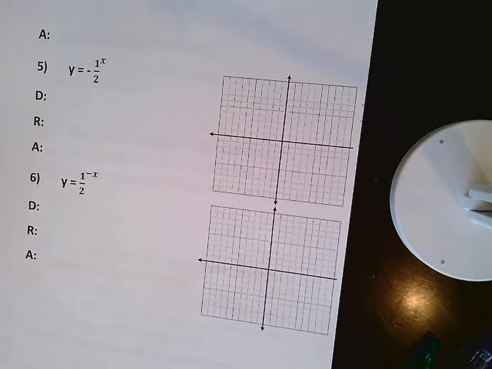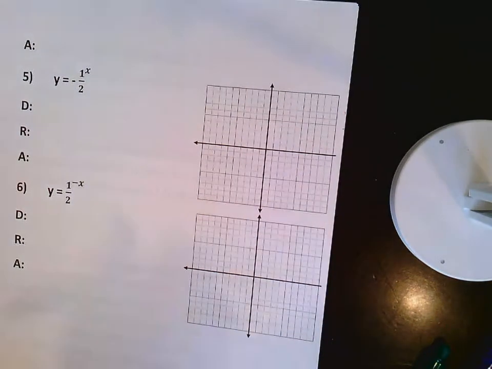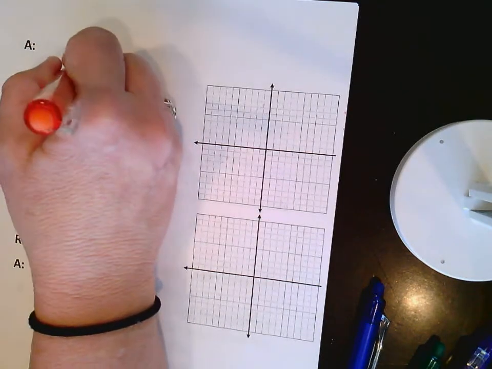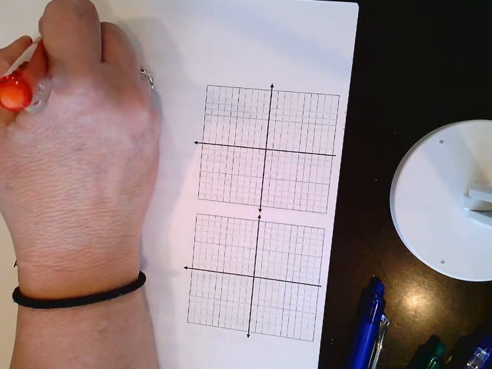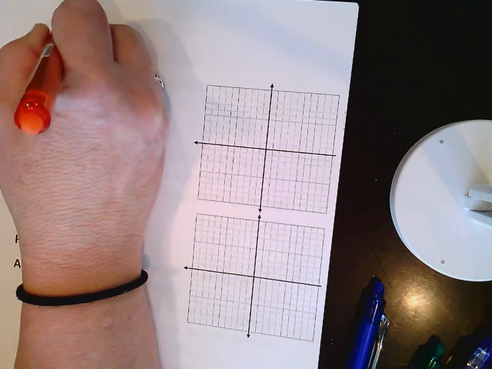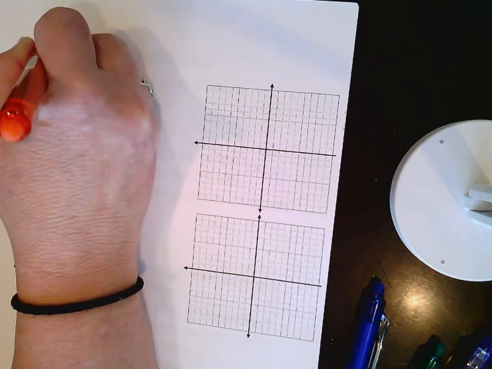Okay, and the next thing I'm going to have is I've got a negative out front. Okay, when my b is negative, that means that it's going to reflect over the x-axis.